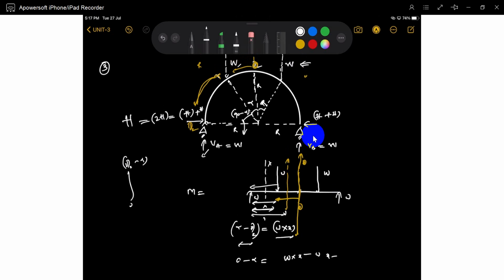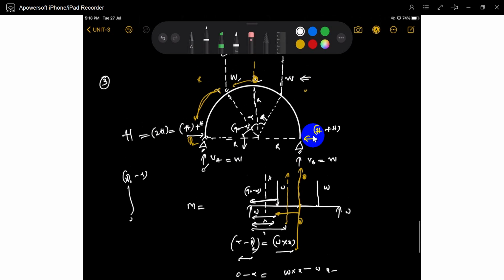This is 90 minus alpha, theta. So for the x distance, first you have to find out this distance. You have to find out the distance. If you see, what is the distance?